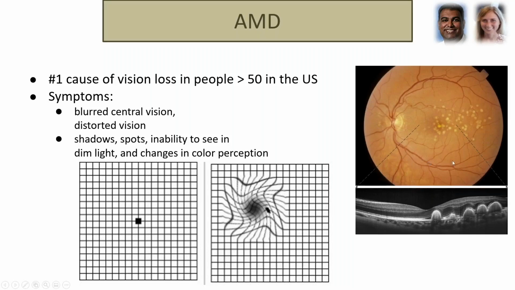So here's a color fundus photograph of an eye with many large drusen from macular degeneration. And here's an OCT showing those large drusen.